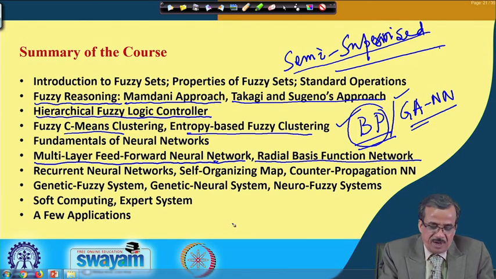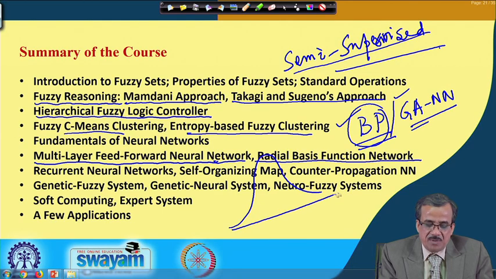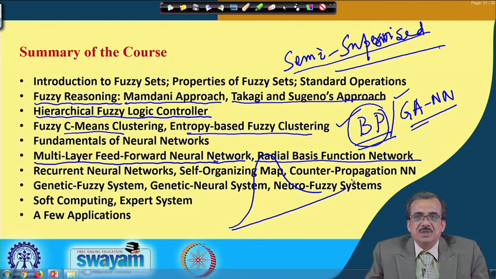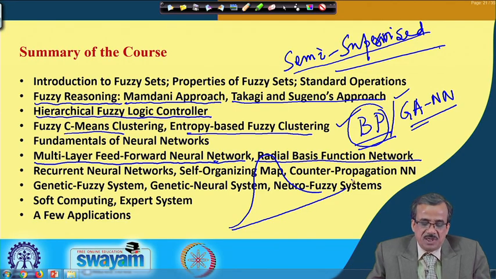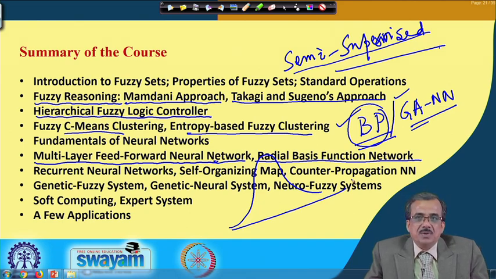For example, say if I consider this type of Gaussian distribution, this is an example of your radial basis function. Now, this type of radial basis function or the Gaussian distribution we generally use as transfer function in radial basis function network. Now, in neural network we use some other types of transfer function also.